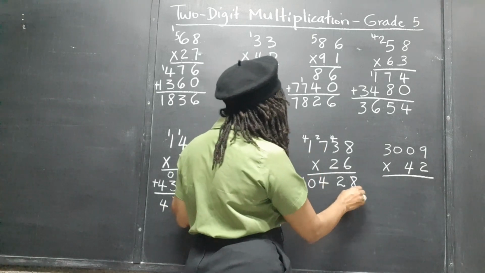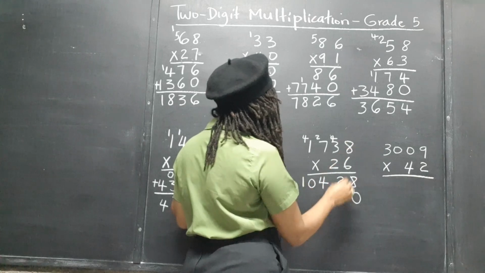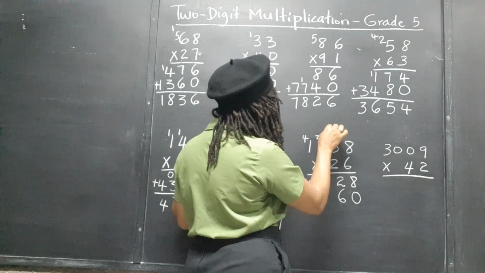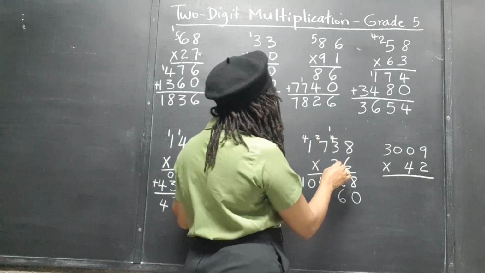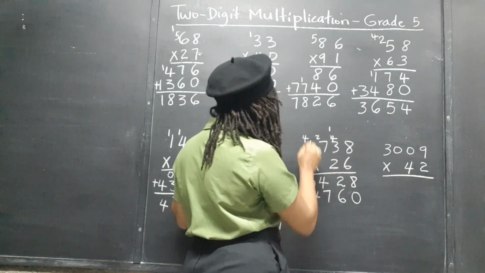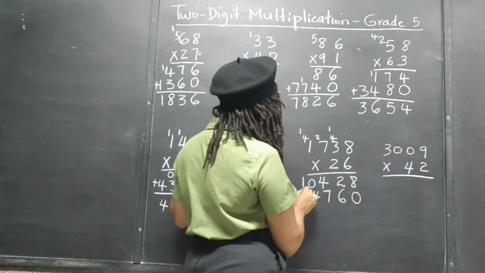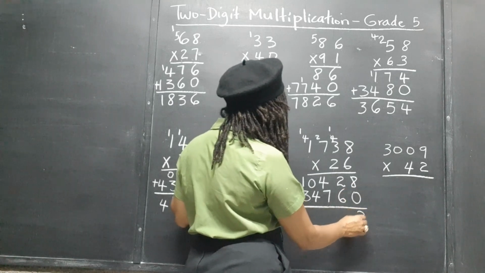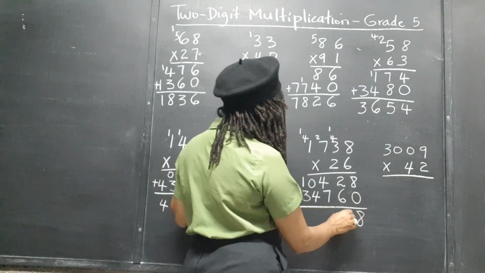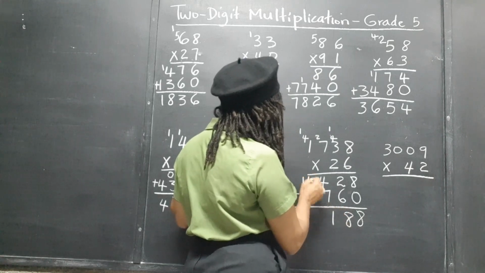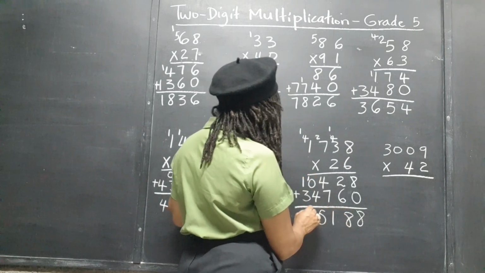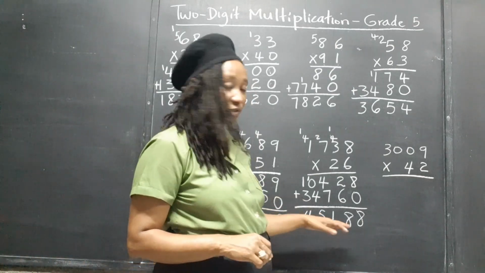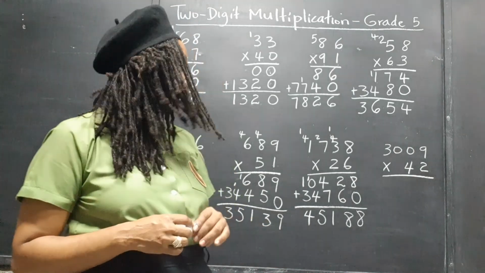So we put our 0 here. 2 8s are 16, that's 6, carry 1. 2 3s are 6 plus this one that we just carried, that's 7. 2 7s are 14, that's 4, carry 1. 2 1s are 2 and 1, 3. And now we add 8 plus 0, 2 plus 6, 4 plus 7, that's 11. 1 plus 4, 5. 3 plus 1, 4. 45,188.